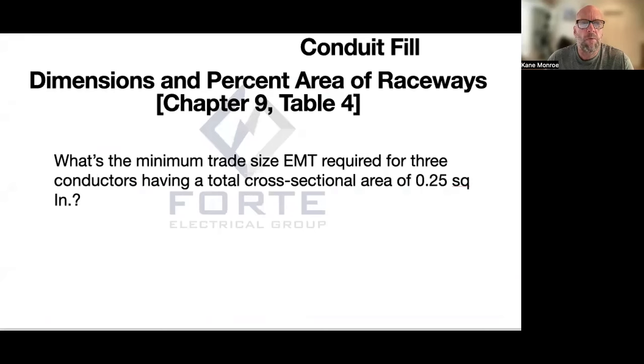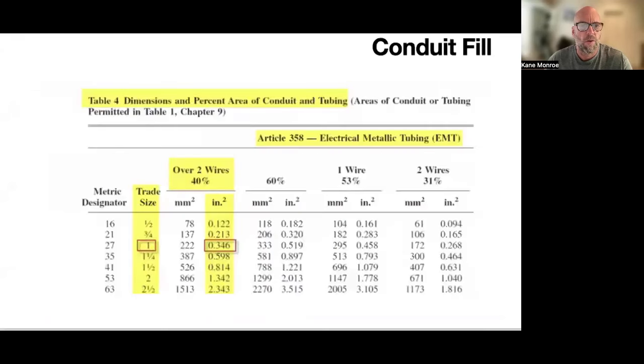So what is the minimum trade size EMT required for 3 conductors having a total cross-sectional area of 0.25 square inches? So what we do is we go to the EMT chart in table 4. Remember, you're looking at EMT right here. Then that's how you read these tables.